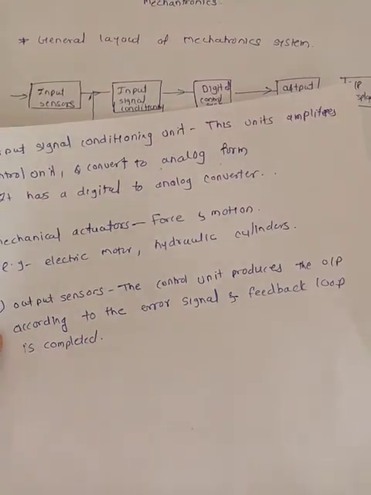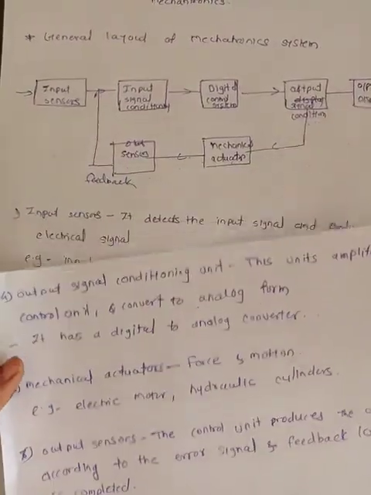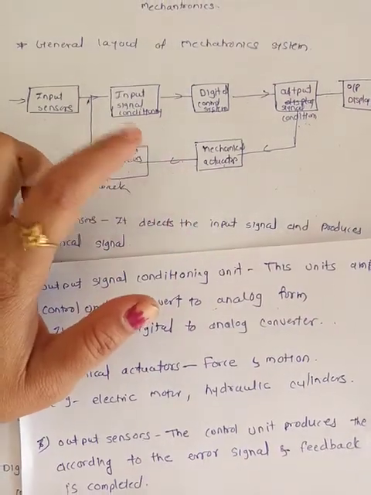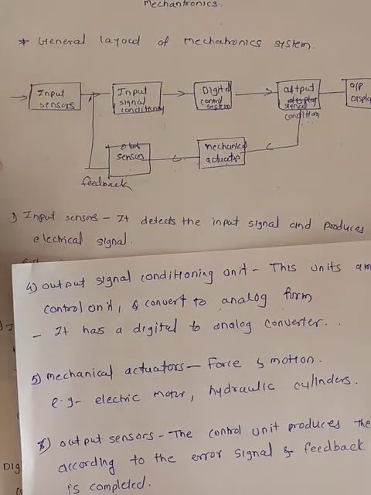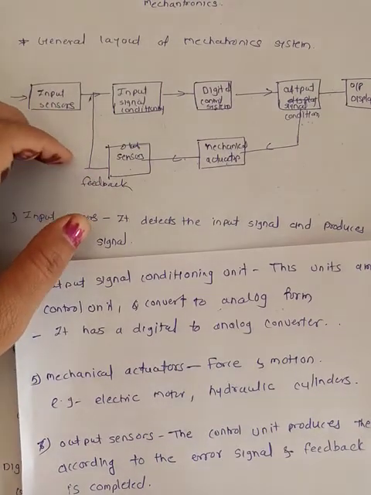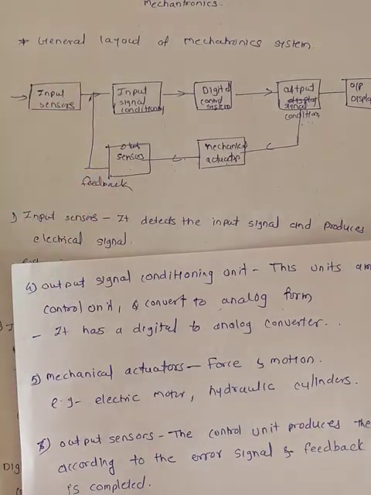Okay, the mechanical actuator produces the force and motion, and this passes to the output sensor. This means it senses, and this signal is fed back to the input sensor. This is the general layout of the mechatronic system.